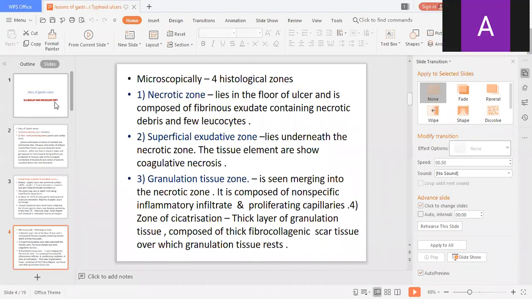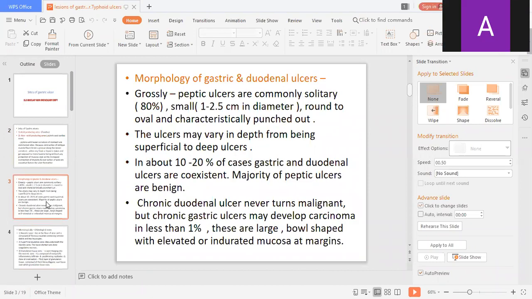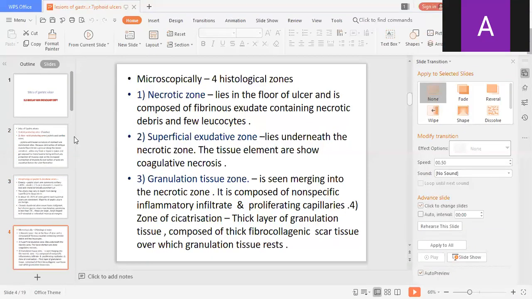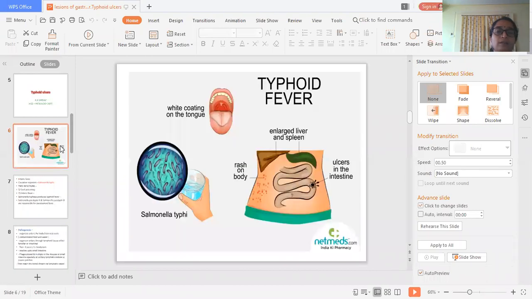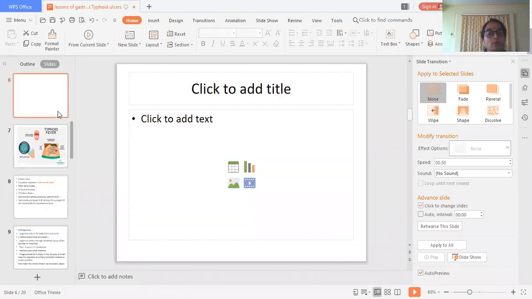Every time this word hyperemia comes up again and again while discussing histopathology, so to clear your queries, please read about this topic. It is a very basic topic of pathology, hyperemia and hemorrhage. Then next time we will discuss paratyphoid fever.